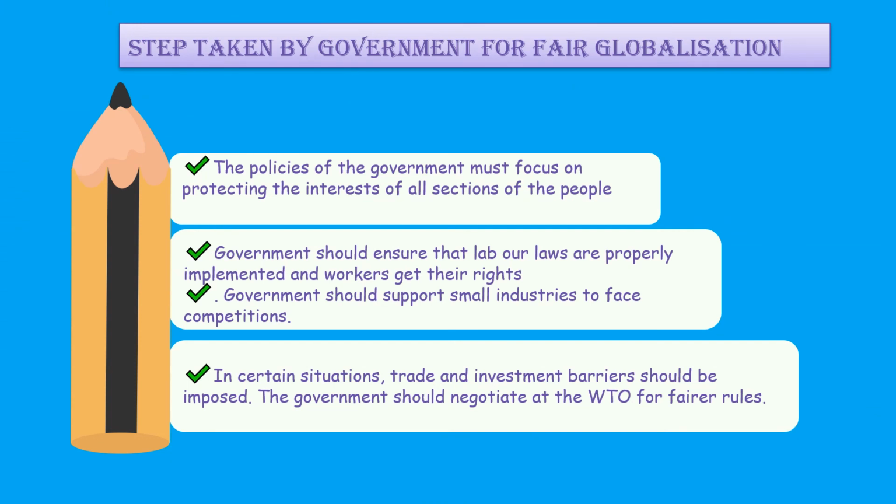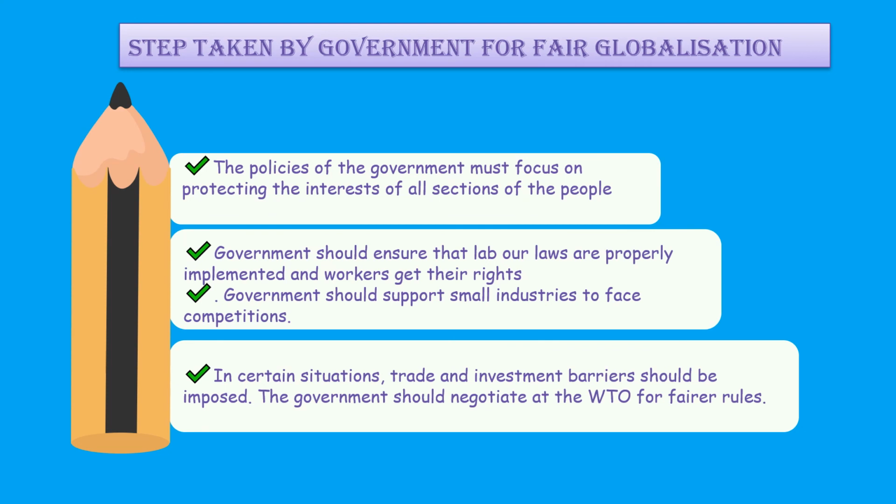Now we come to the last subtopic of this chapter, the steps government should take for a fair globalization. The first step is that the government, when it makes policy, must focus on protecting the interest of all sections of the people. Then step number 2, the government must ensure that the labor laws are properly implemented and workers get their rights.